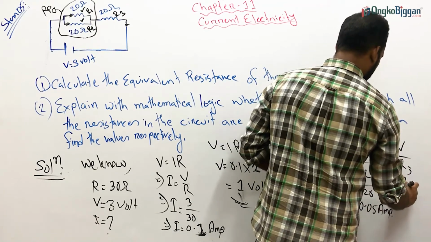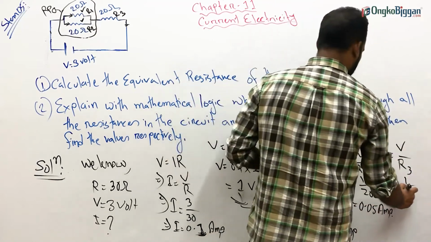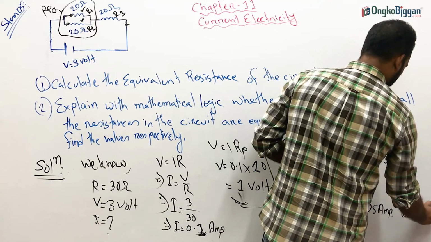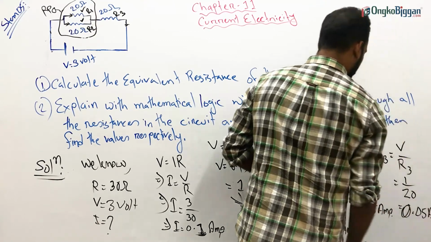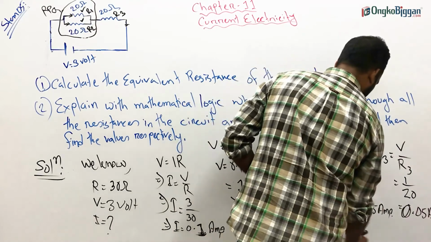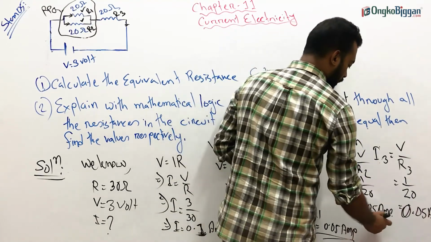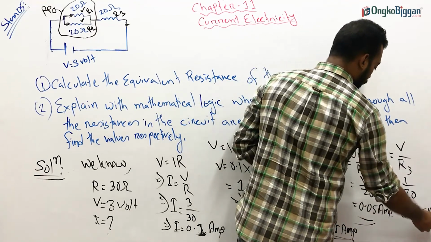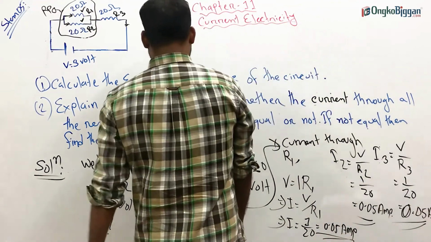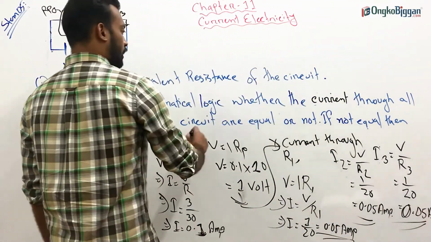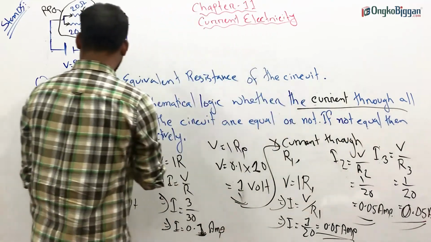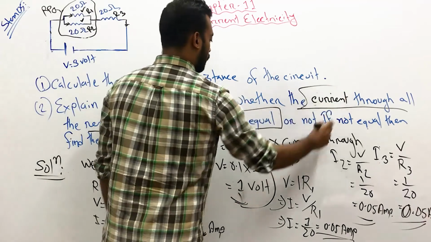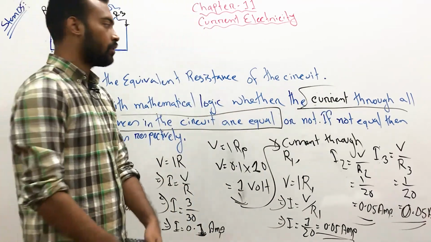V was 1 and R3 is 20, so this is also 0.05 ampere. So the current passing through R1 is 0.05, through R2 is 0.05, and through R3 is 0.05. So we can say the current passing through all the resistances is equal. This is the solution of this problem.